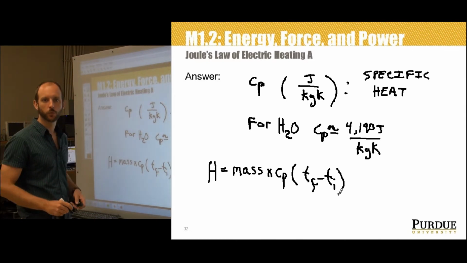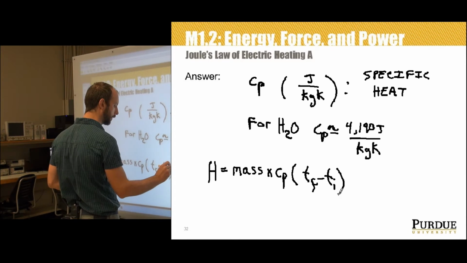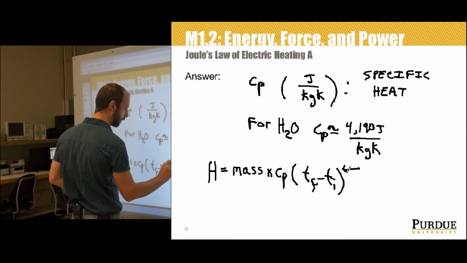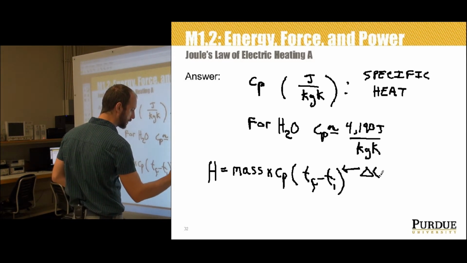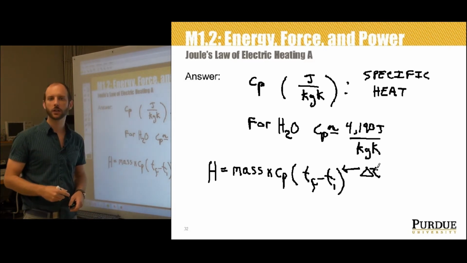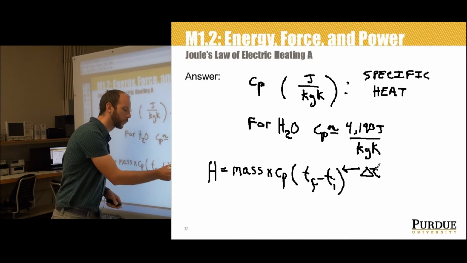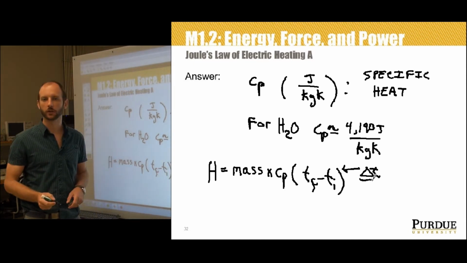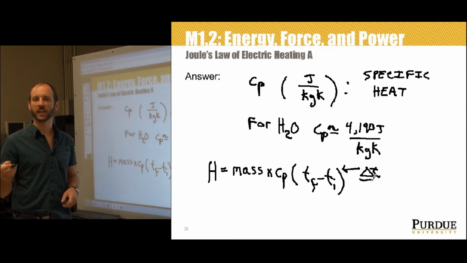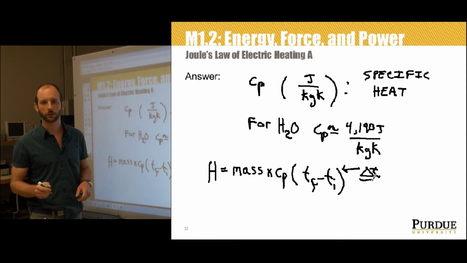A lot of times we'll see this written as a triangle and then the letter T, which is read delta T, meaning a change in T, right? That delta symbol, the Greek letter delta, typically refers to a change in. You probably remember that from calculus courses.